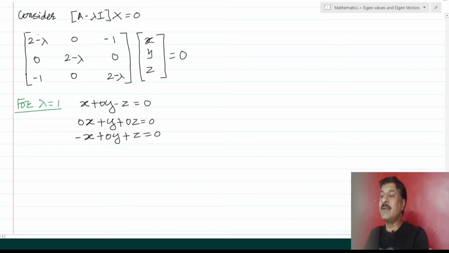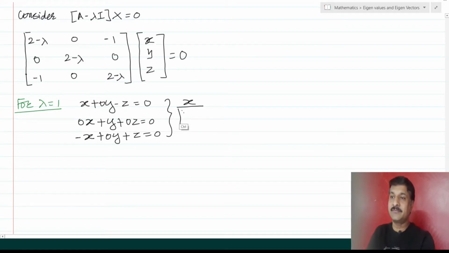Note that when we put lambda equal to 1 and multiply these two matrices, we get these three equations. Now by Cramer's rule, x upon the determinant of coefficients of y and z.